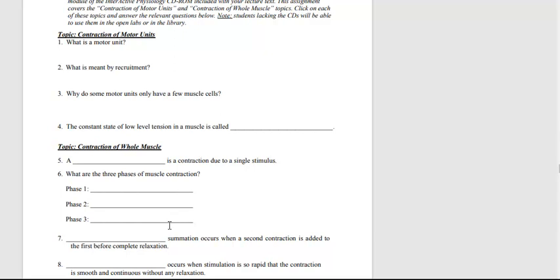Temporal summation occurs when a second contraction is added to the first. So temporal means time. So you don't give it enough time to have one muscle fiber relax before you send a message and cause a second contraction. So that's temporal summation. And this is a good thing. So you're sending the message, okay, let's contract.